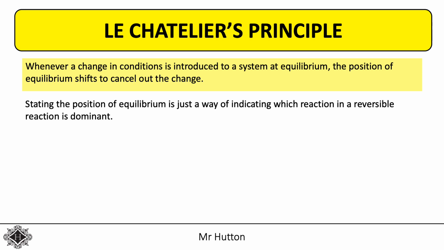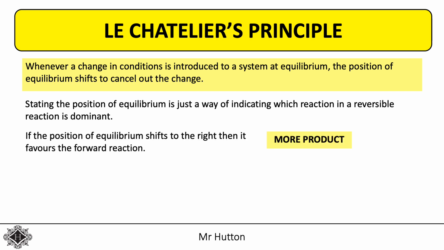Now then, to a lot of us, that'll just make no sense at all, this idea of the position of equilibrium. But the position of equilibrium is just a way of indicating which reaction, forward or reverse, is dominant, so which one we're getting more of. I'll show you some examples now.